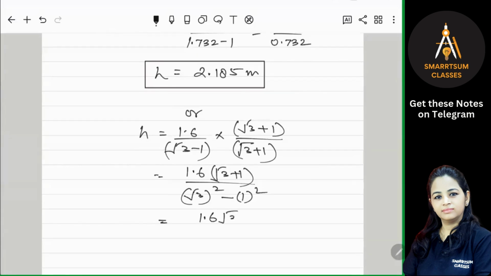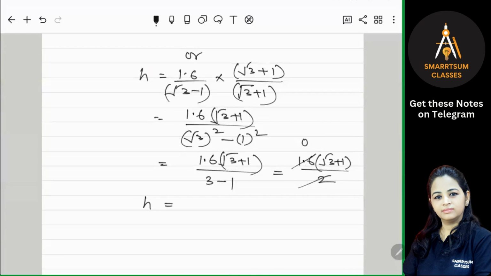So 1.6 times root 3 plus 1 upon 2. So H will be equal to, now you can cancel this, it will become 0.8. So you will get H is equal to 0.8 times root 3 plus 1 meters, right?